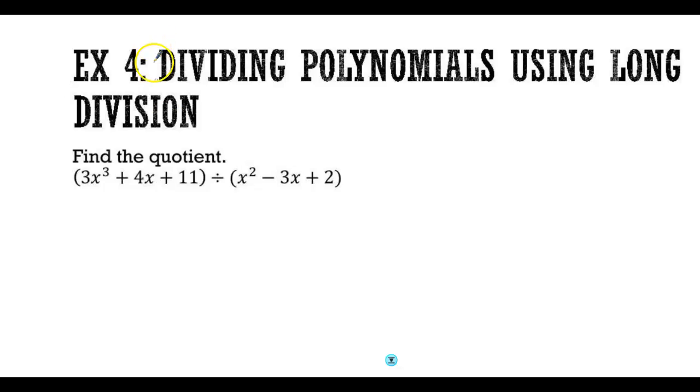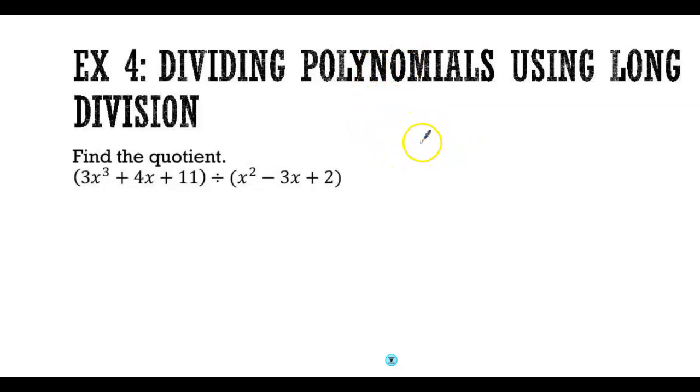So we have a power of 3. What we're missing is a power of 2. Then we have a power of 1 and power of 0. So what I'm going to do is make what I call a placeholder for that power of 2. So this is how I'm going to set it up.